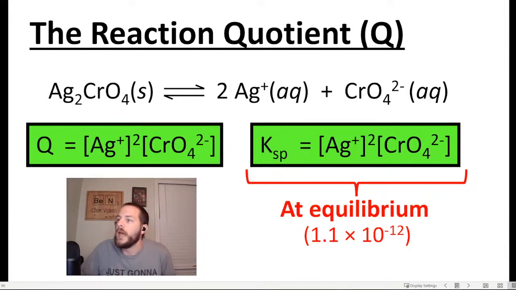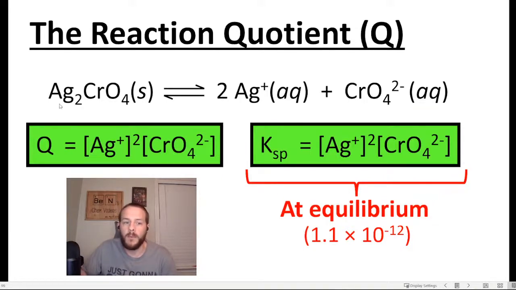So we have Q, the reaction quotient, and its expression is shown here on the left-hand side of your screen. And then we have KSP, and its expression is shown on the right-hand side. Notice that the expressions for Q, the reaction quotient, and KSP, the solubility product constant, are identical, right?